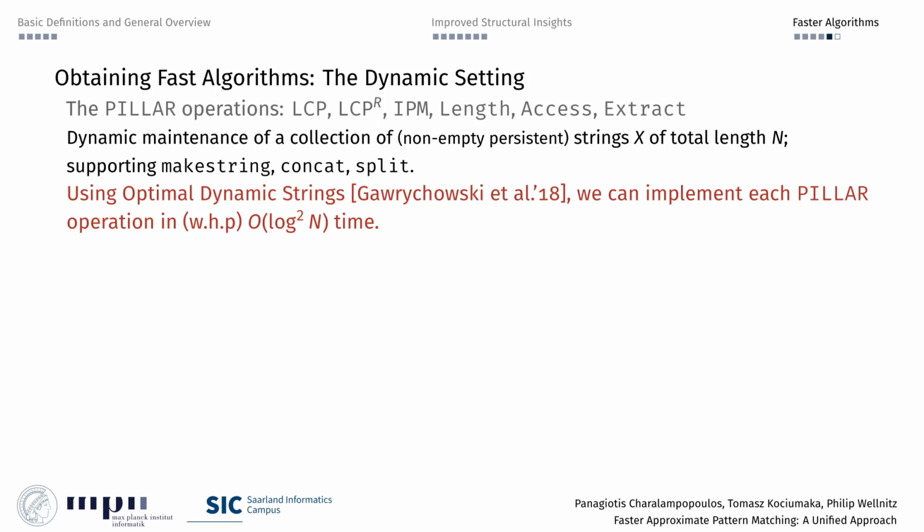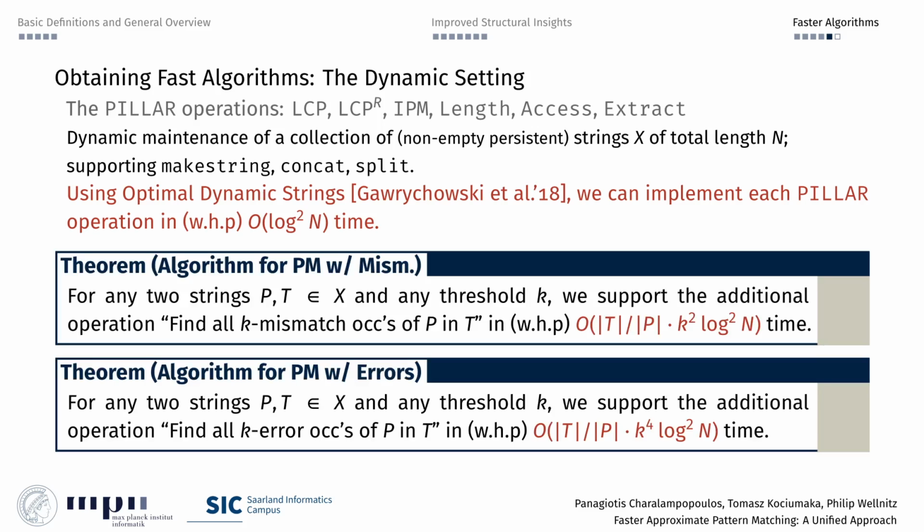Using optimal dynamic strings, we can implement each pillar operation in log² time. And this then gives the following results. Note that our data structure is faster than recomputing the solutions from scratch after each update. So we actually save something new.